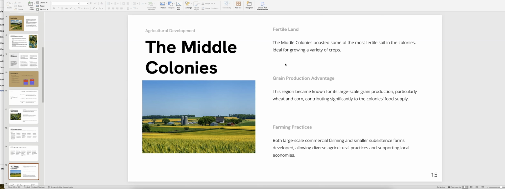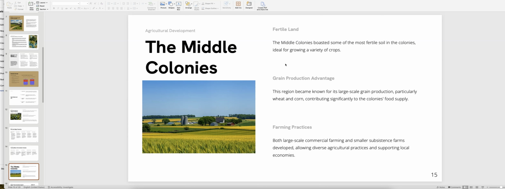Yes, the land does get a little bit tired, but as it does, you just go a little bit further west. What distinguishes the middle colonies from the southern colonies is that these farms are not plantation style, and you're not using enslaved labor to produce them.